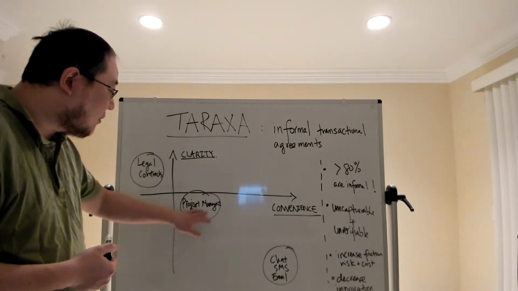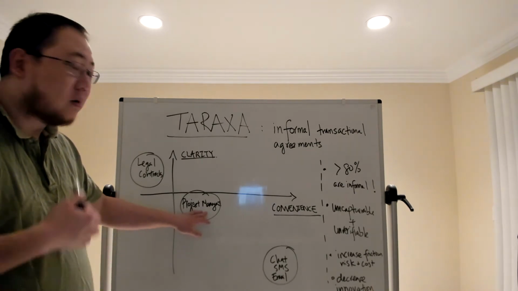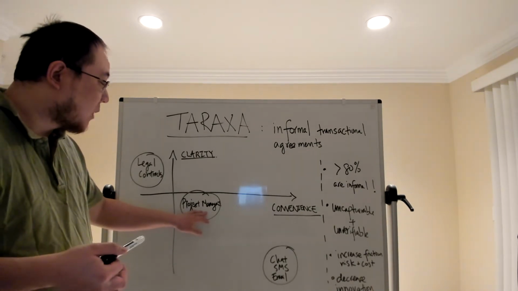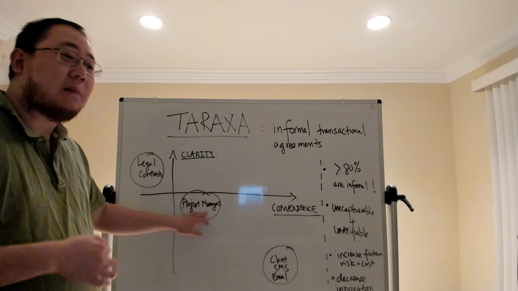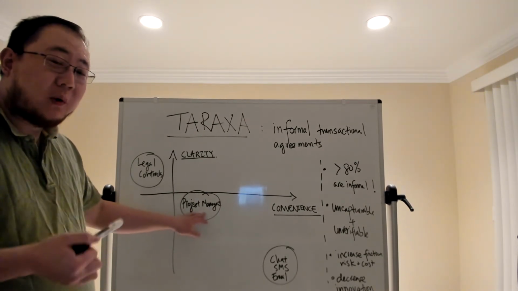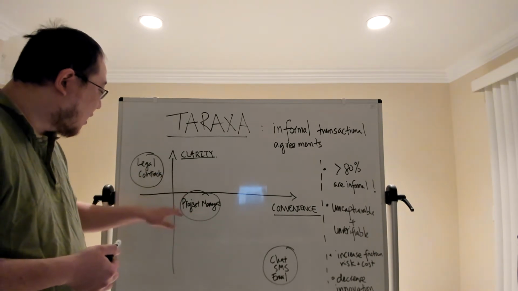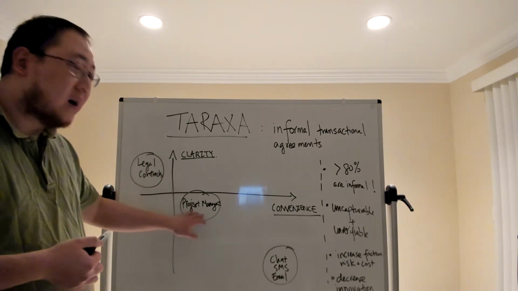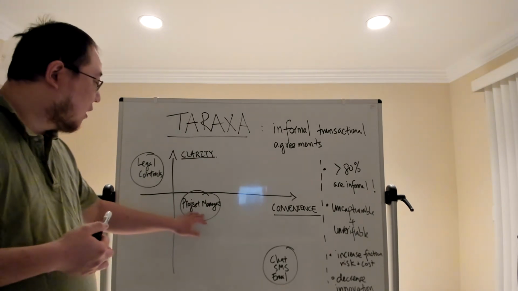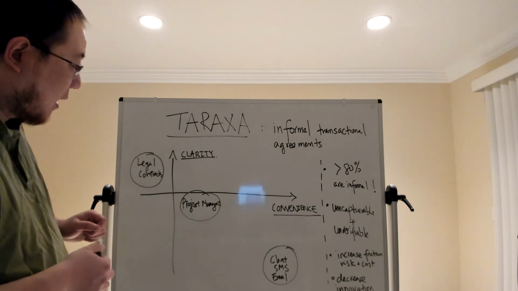So project management is really an executional, operational type of agreement that people make between people who are collaborating on a specific project. It happens a lot more frequently. It's slightly more convenient, but maybe less clear than legal contracts because not every single detail is defined using very specific legal language.